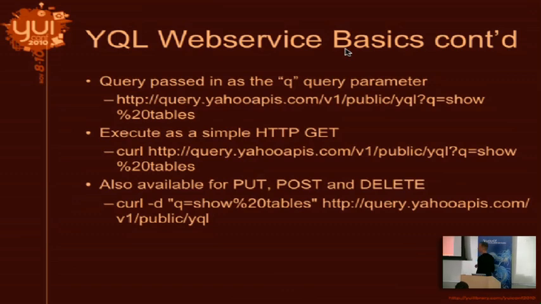So we can see that to pass in your YQL query, it becomes a Q query parameter on the URL. So it's as simple as that. That's the URL that you can get. In this example, it's a show tables.